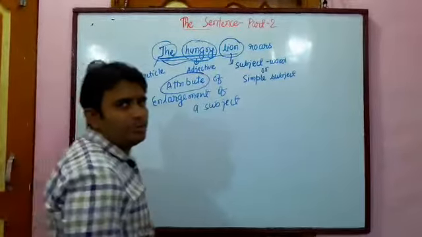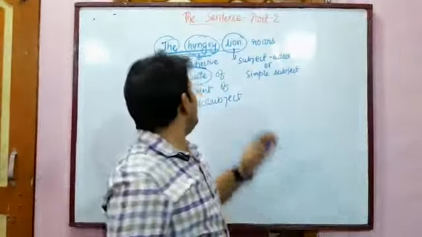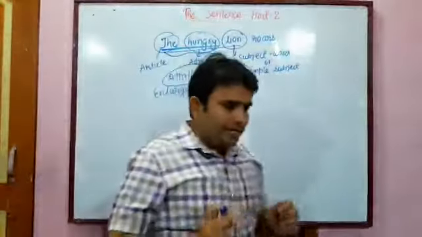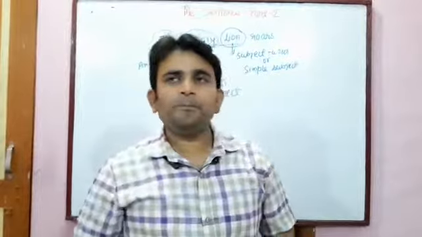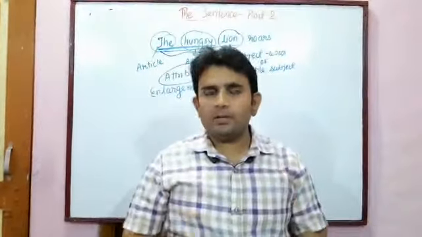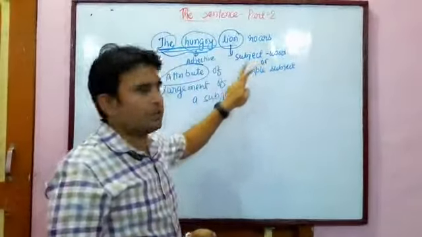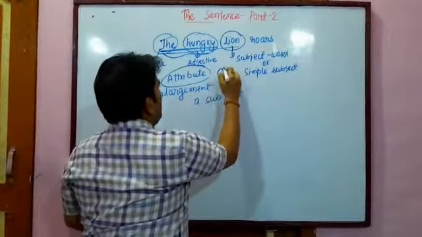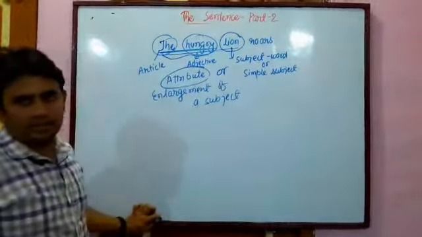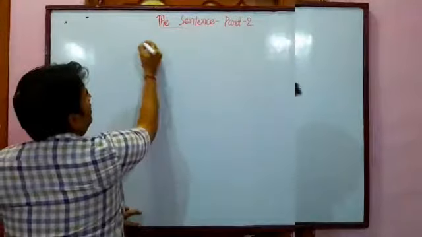Now, what is an attribute? If you know the adjective, then perhaps you can understand what an attribute is. An attribute is an adjective or an adjective phrase which qualifies the subject word, also called enlargement of a subject. Let us take an example to understand the attribute.